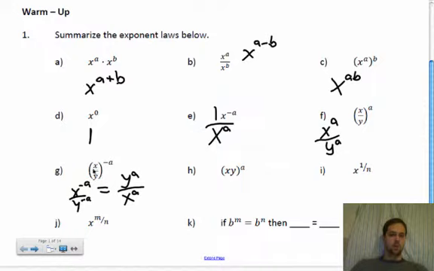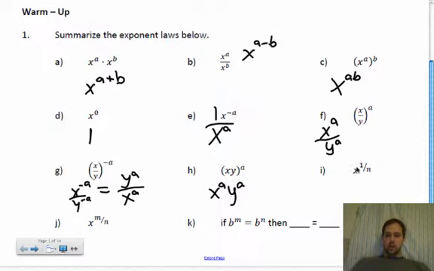So we end up inverting these two and just giving them positive exponents. Next, xy to the power of a: the a gets applied to both of the variables within the brackets, and we get x to the a times y to the a.